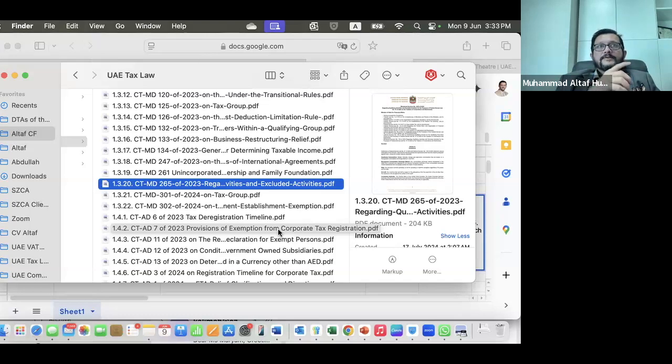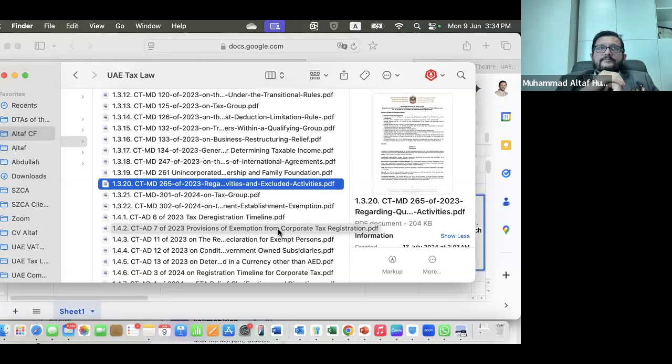So except for excluded activities, anything that the free zone person sells will be eligible for qualifying income. Am I right? Except there may be some more exceptions, like in the case of trading business, distribution business, because in distribution there are other conditions provided.